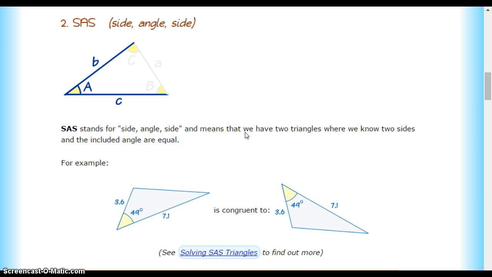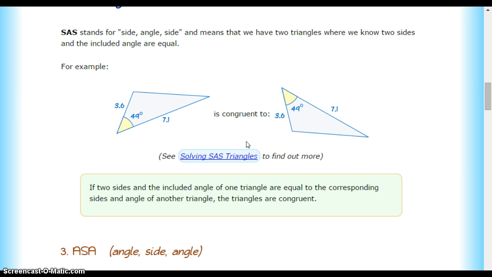equal. And if I keep scrolling down a little bit here, by the way, this is the same page from mathisfun.com. In this box over here it says if two sides and the included angle of one triangle are equal to the corresponding sides and the angle of another triangle, the triangles are congruent.